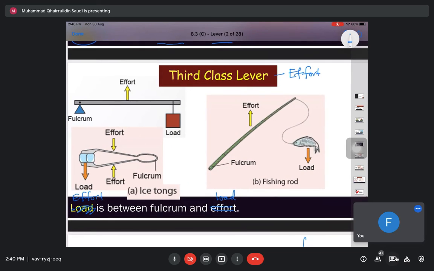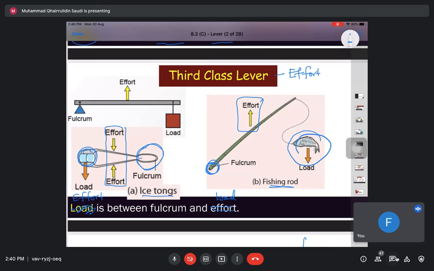The example of a third class lever would be ice tongs. Okay, kita pegang tongs tu dekat tengah-tengah. That is the effort. Okay, the thing that we're going to lift is the load, dekat hujung ni ice, while the fulcrum is at this end. Okay, another one is a fishing rod. The load is the fish. Okay, the fulcrum is at the end of the rod, while the effort is at the center. That is why this is a third class lever.